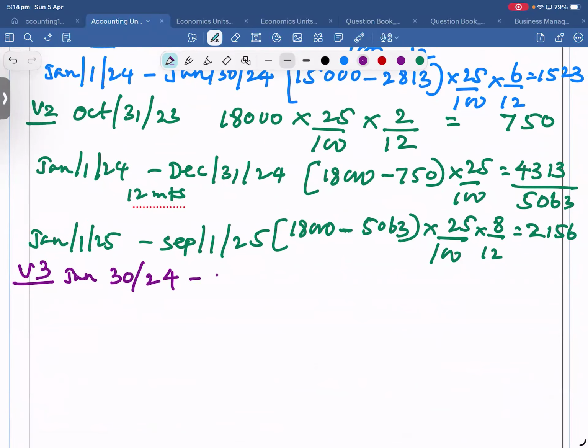So which is 20,500 times by 25% times by 6 over 12. Why? 6 months only. Which is 2563. So that's the depreciation expense, guys, for 24 from van 3, which is here.